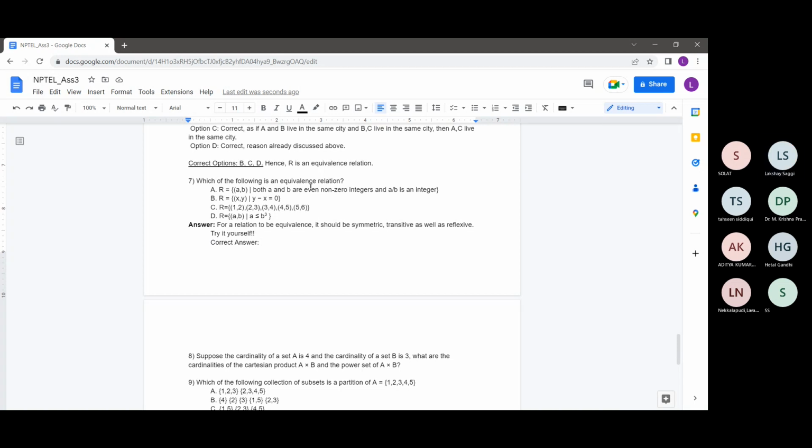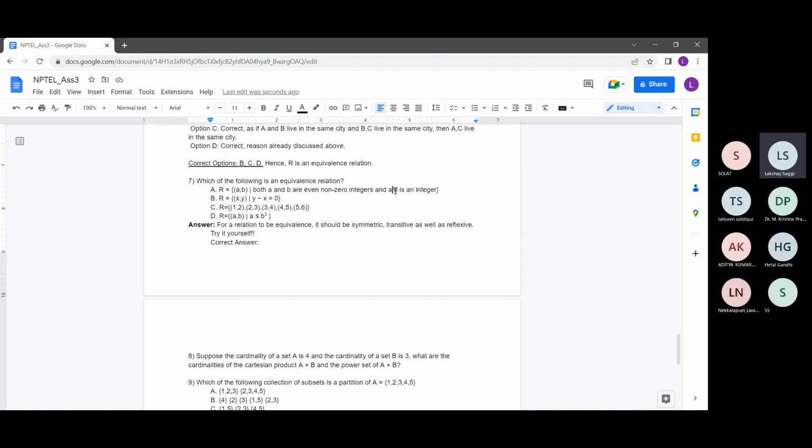The first relation: A and B are both even non-zero integers and A by B is an integer. Let's check symmetry first. This relation R is reflexive, as for A comma A, A by A equals 1, which is an integer. But for symmetry, we require A by B to be an integer as well as B by A. Suppose A is 4 and B is 2.